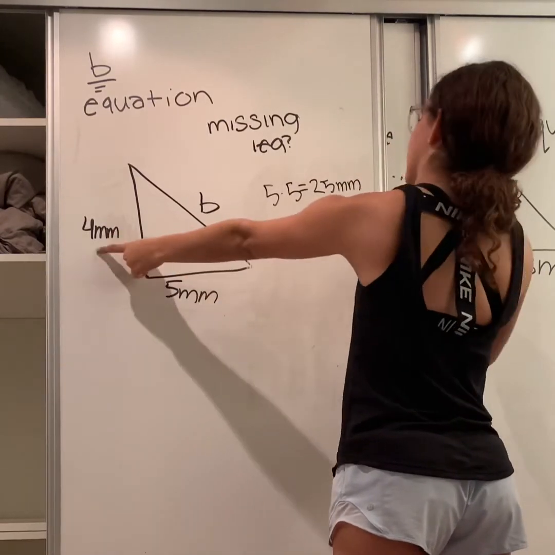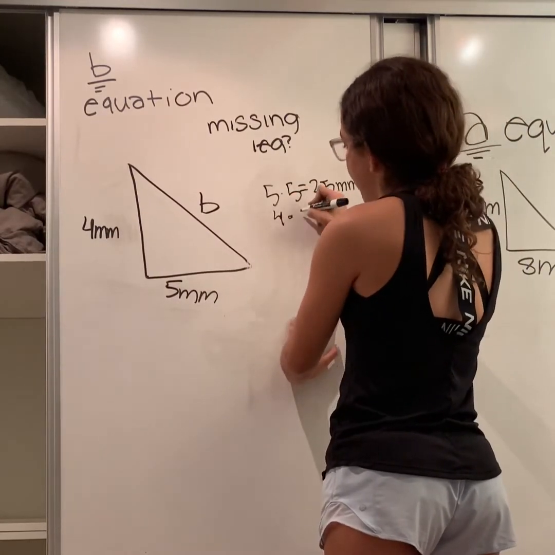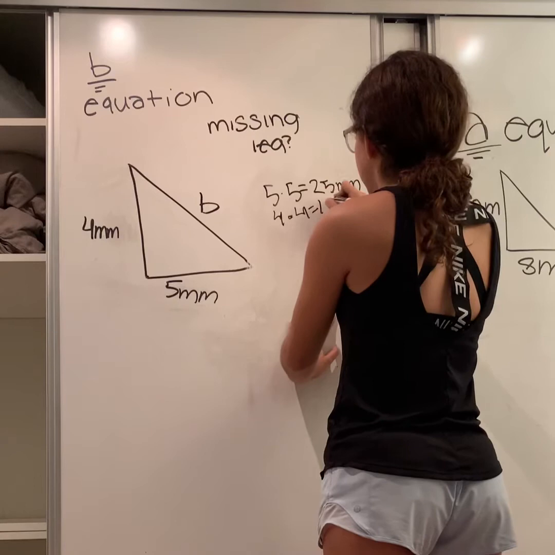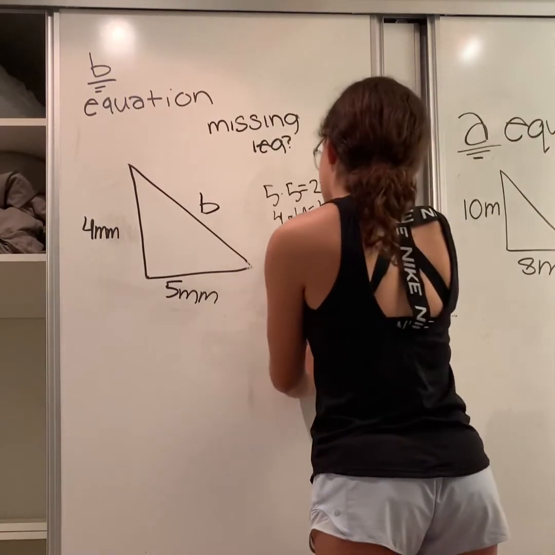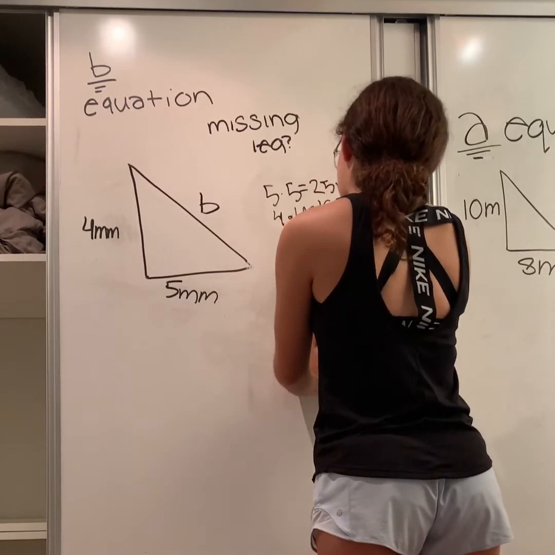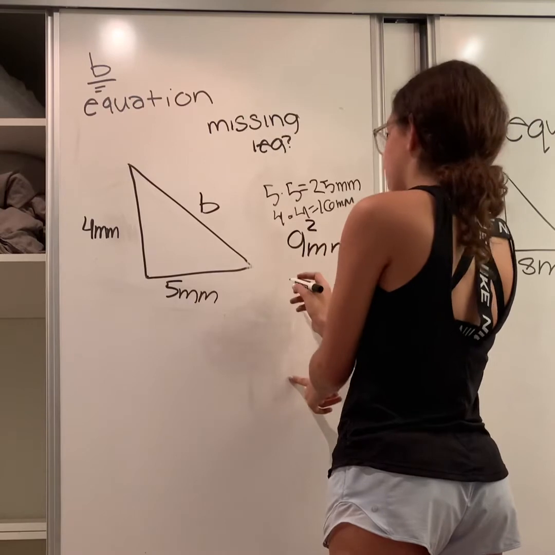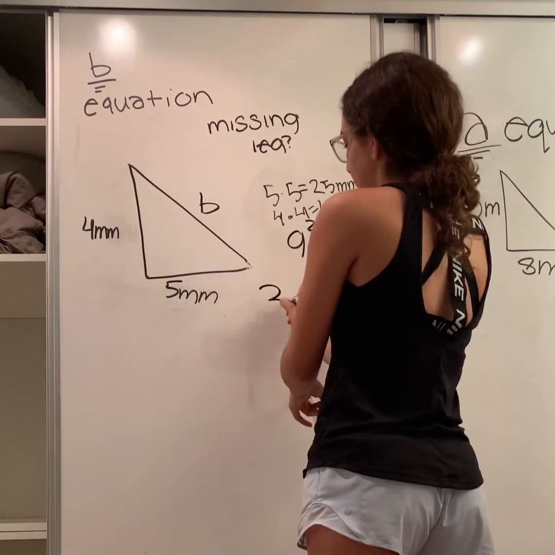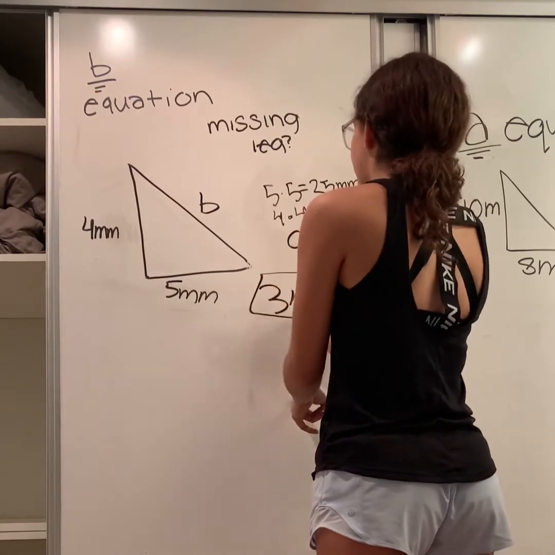The next thing we do is take our next number, which will always be smaller, multiply that by itself to get 16, bring over the unit, millimeters, and then we get 9. We have to square root that in order to find our answer, and that will be 3 millimeters, which is our missing leg.